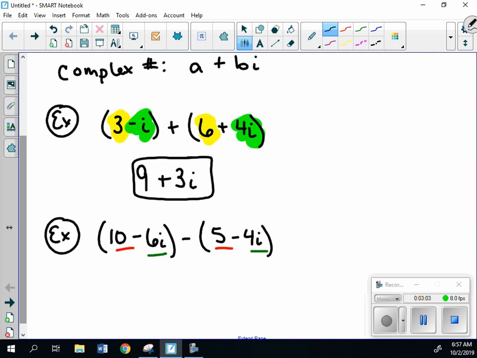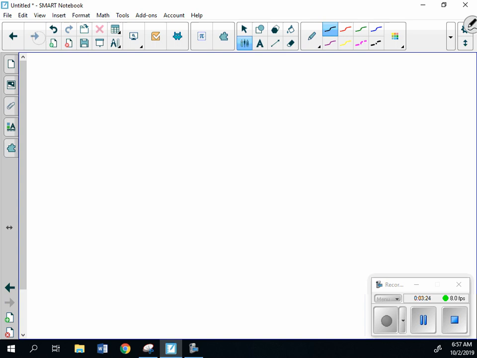So it's 10 minus 5 to give me a 5, -6i minus -4i. So that's really -6 plus 4i. So I have minus 2i. So adding and subtracting complex numbers, fairly straightforward, just combine your like terms.